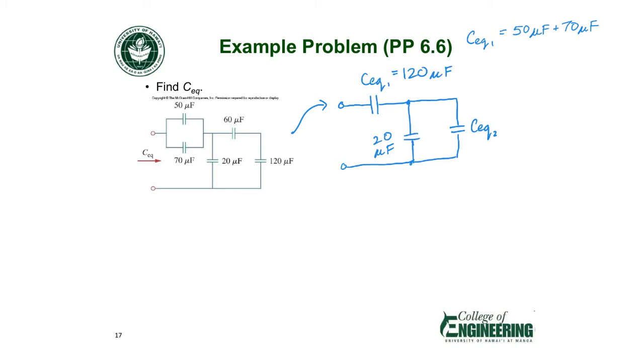CEQ2, those are in series, but the form of the equation is like parallel resistors. So it's 60 microfarads multiplied by 120 microfarads and divided by the sum. And this is going to equal 40 microfarads, which is also the final answer, but it's just coincidence that it's the same.